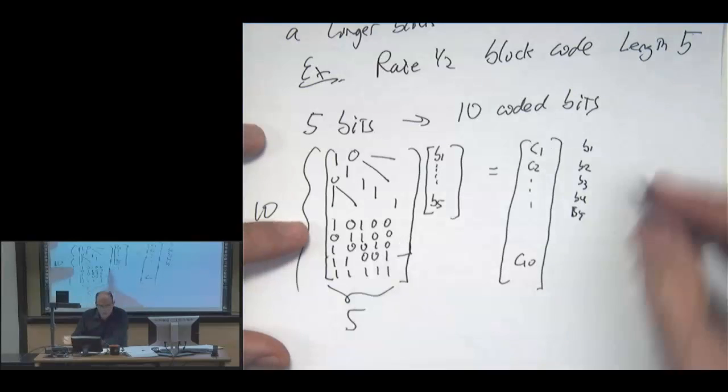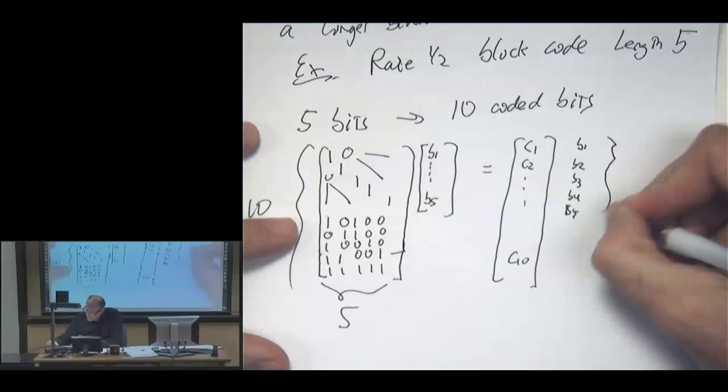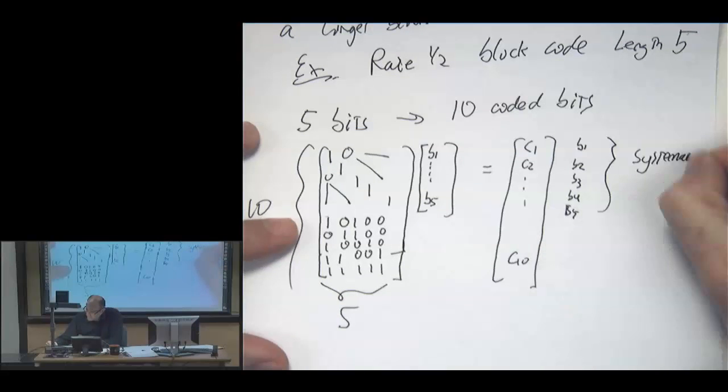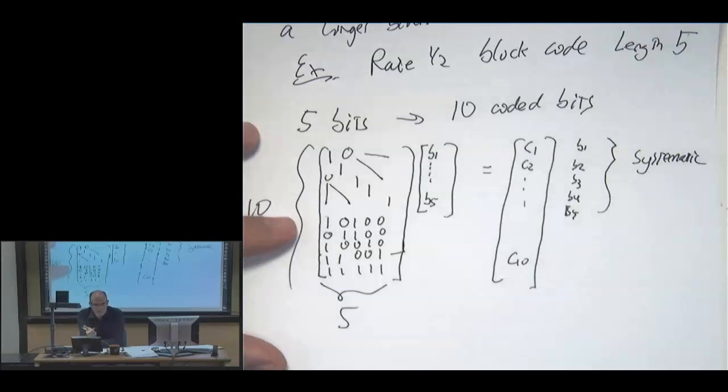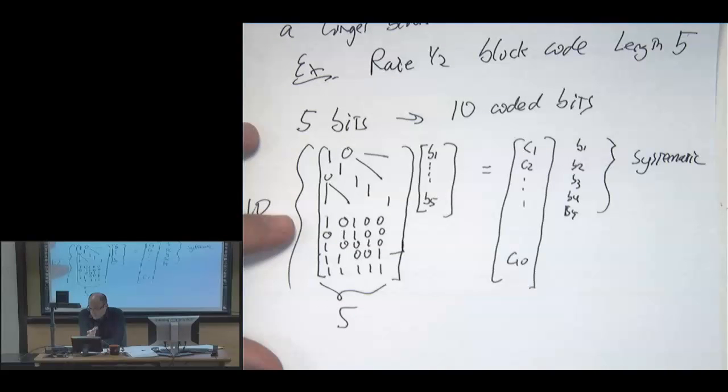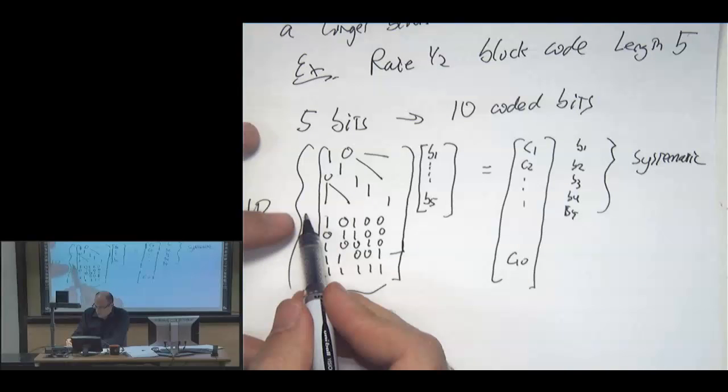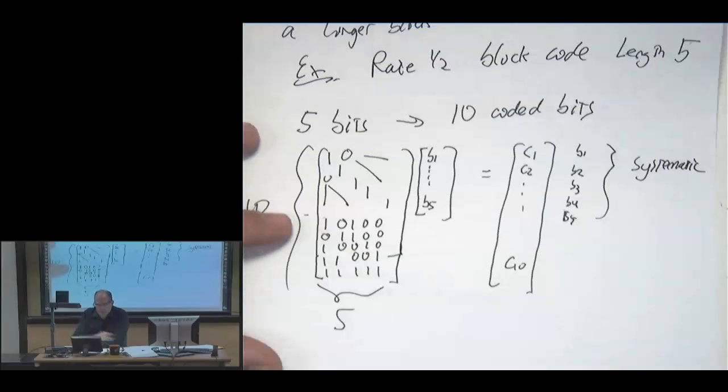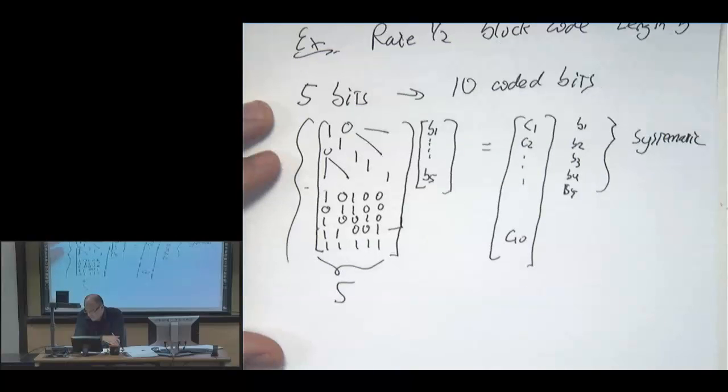A code that has this kind of format is called systematic. Systematic means that the uncoded bits are present in the coded bit stream. If it's not systematic, and a lot of codes are not, if there's no error, you still have to perform the decoding. Here, if there was no error, we could just look at the first 5 bits and be done with it. Anyways, that's just a type of coding.